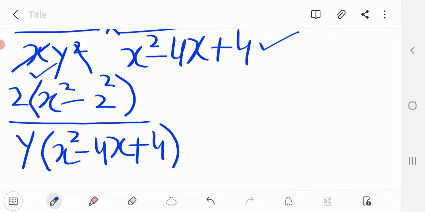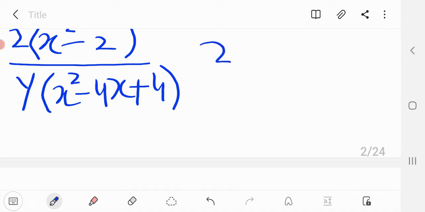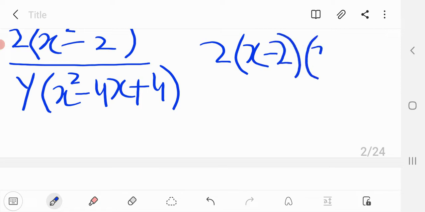So let me write it in another step: 2 into x square minus 2 square. The formula I already explained: 2 into x minus 2, because one time minus and one time plus, so x plus 2, because a square minus b square can be written in this form.